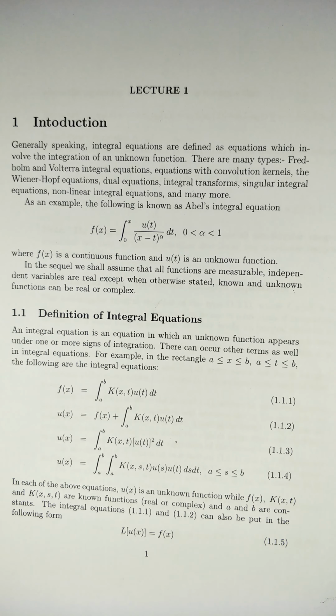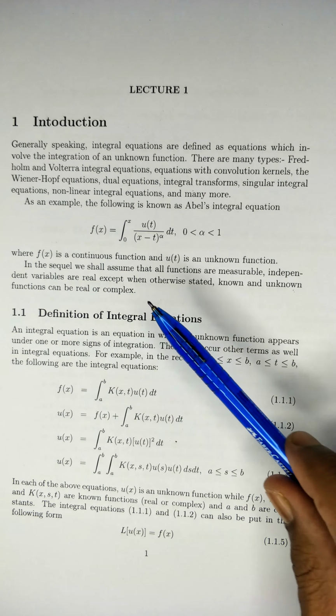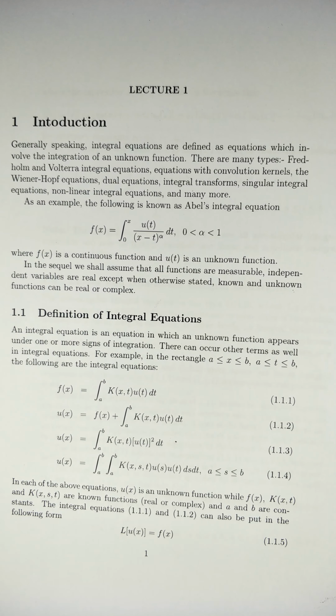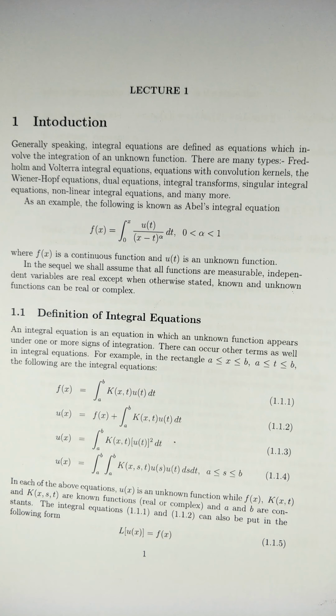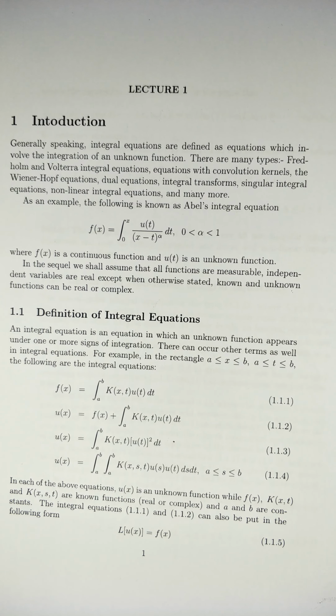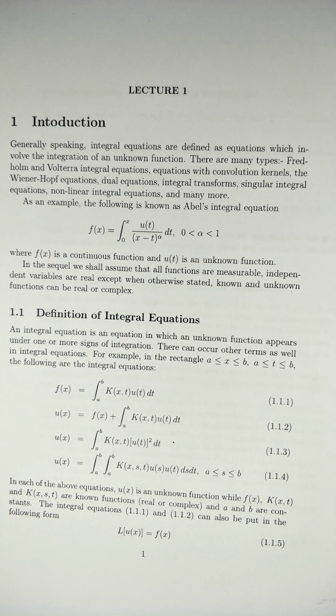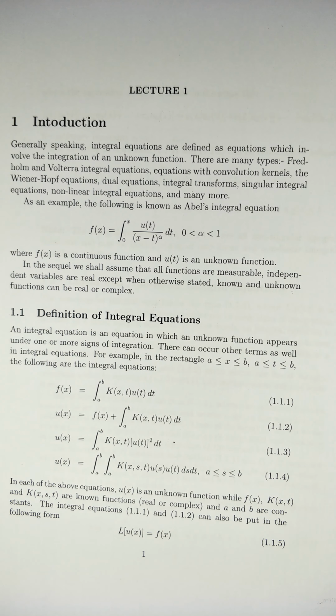There are many types of integral equation, for example Fredholm integral equation, Volterra integral equation, equation with convolution kernel, the Wiener-Hopf equation, dual equation, integral transform, singular integral equation, non-linear integral equation, and many more.